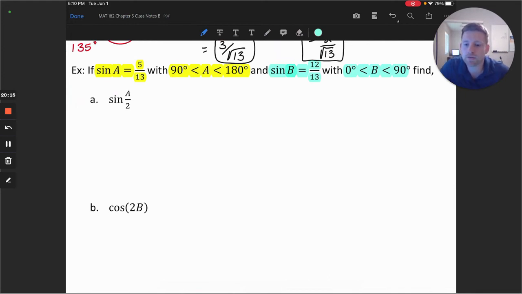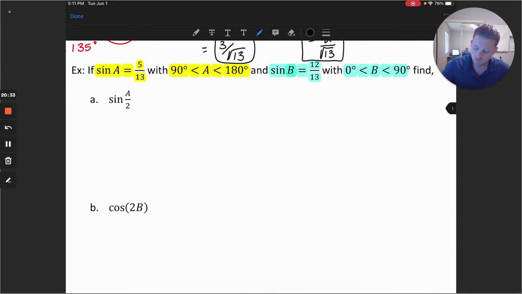Okay, and so for each of these examples, we want to be pulling on those two angles and their properties. So let's first consider sine of A over 2, which we'd like to solve.